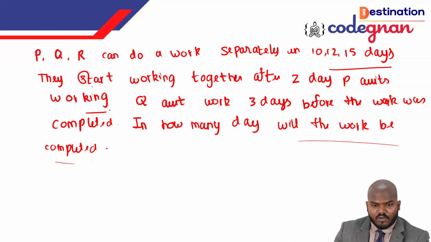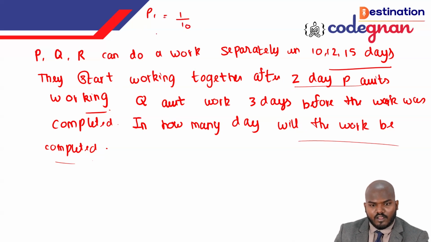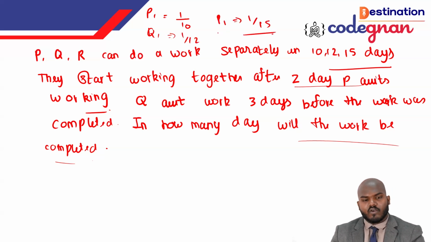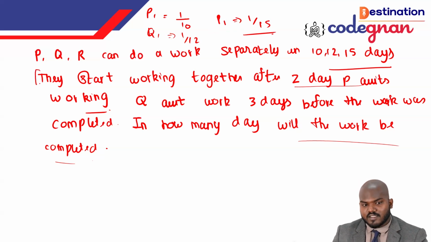So they started working together. After 2 days, P quits the work. P's 1 day work is equal to 1 by 10. Q's 1 day part we can call 1 by 12, and R's 1 day part we can call 1 by 15 here. But the logic they have given here is a little bit tricky.